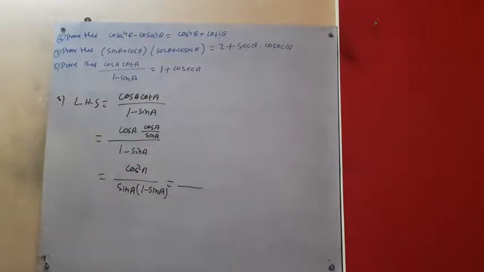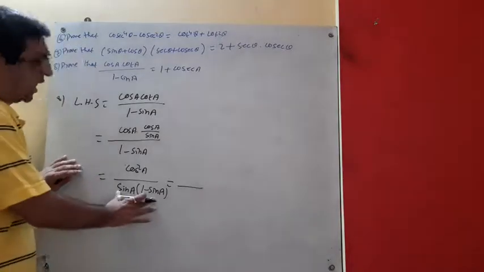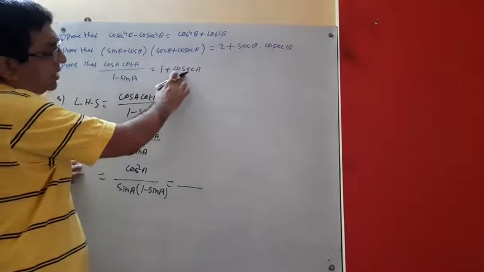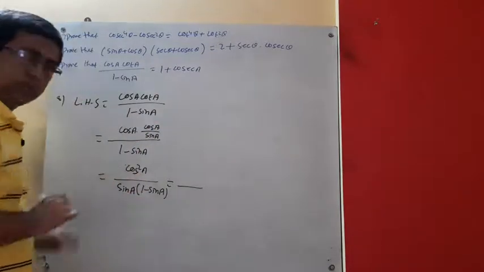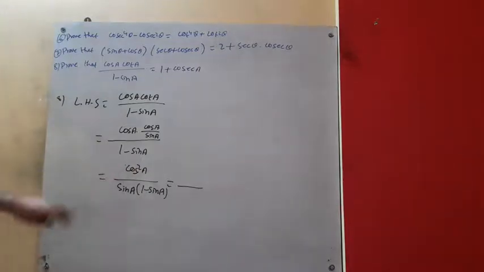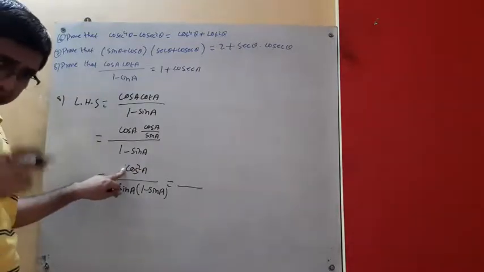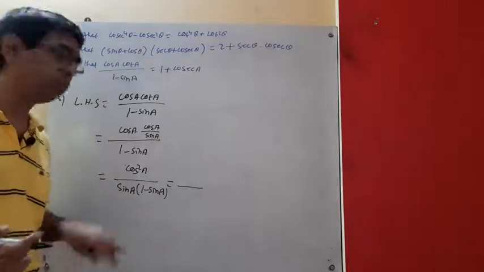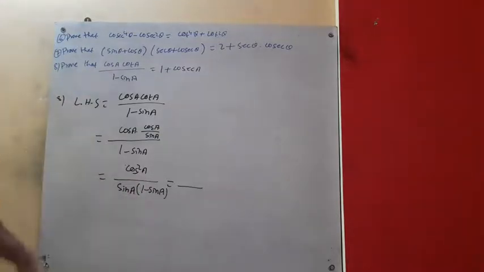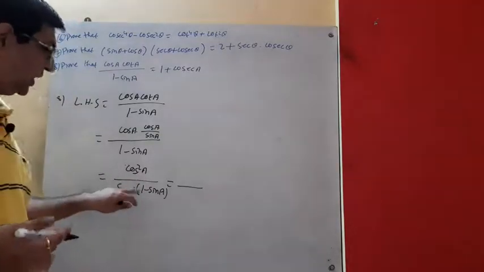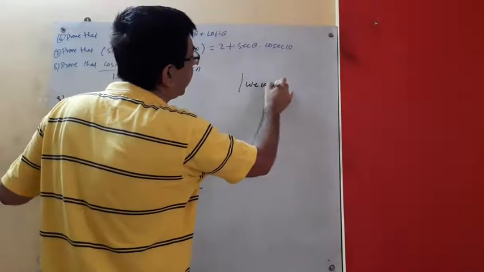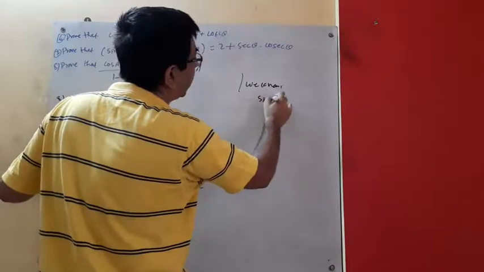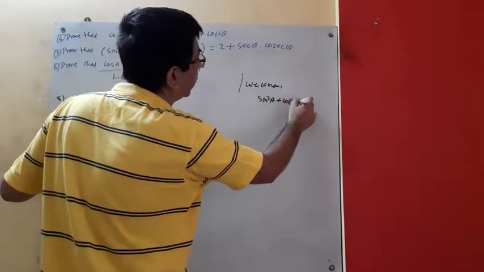What will I do? Look, one thing, this is cos square, all are sine, and this 1 plus cosec A means 1 by sin. So we just try to remove this cos part, or we try to express cos A in terms of sin A. Look, we know sin square A plus cos square A equal to 1.